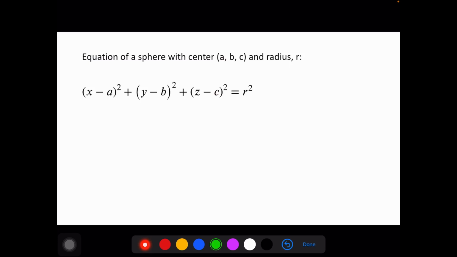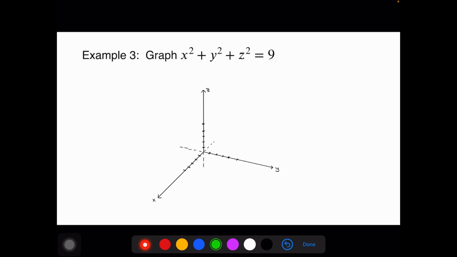This should look really similar to the equation of a circle. We just have that z term in there. And it comes from our distance formula in 3 dimensions. The idea that the distance between every point on the sphere and the center is always equal to that radius r.